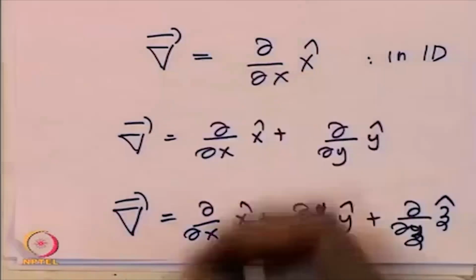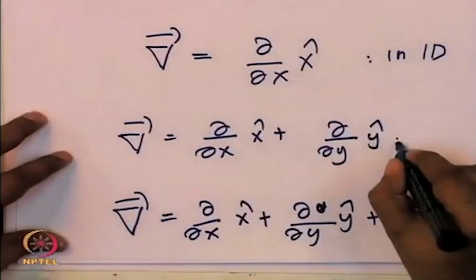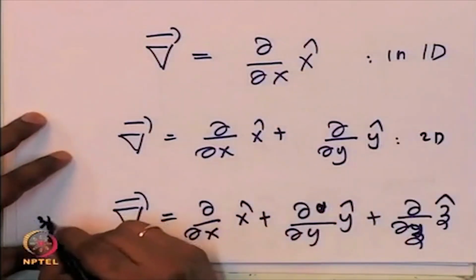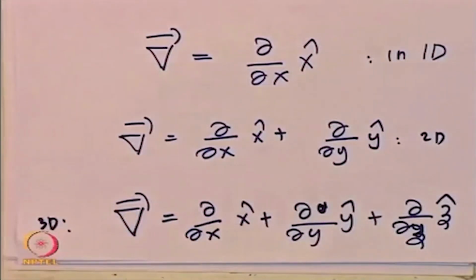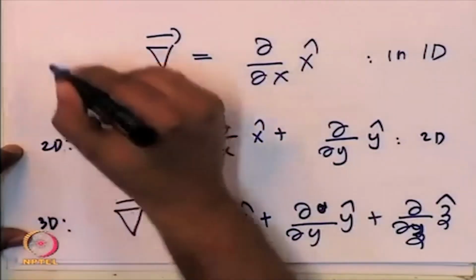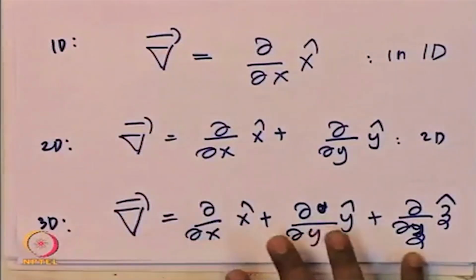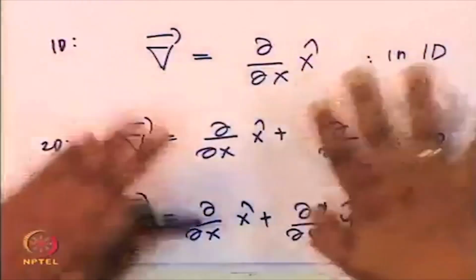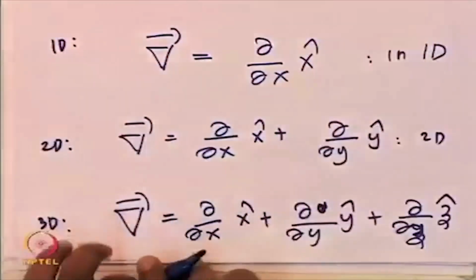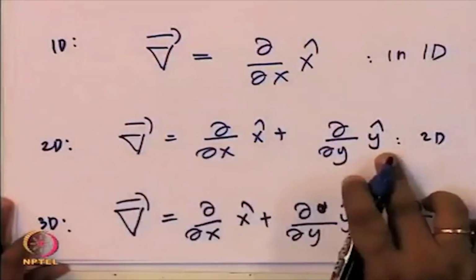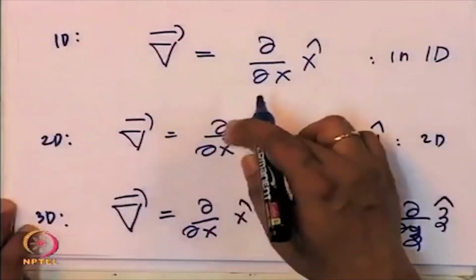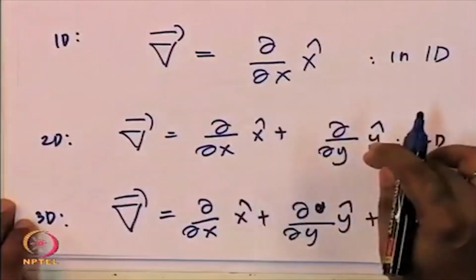So, this is in 1D, 2D and 3D. If you are talking about flow in a plane, if things are flowing in all the directions in a plane, we have to apply this derivative, because concentration can change along x and y.